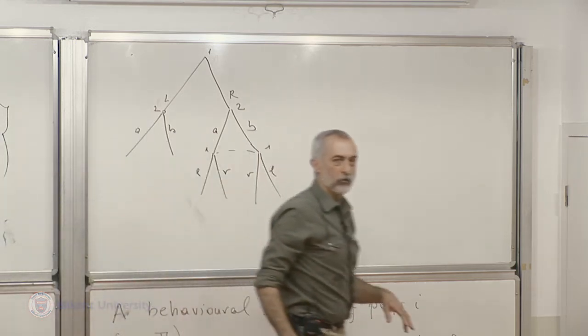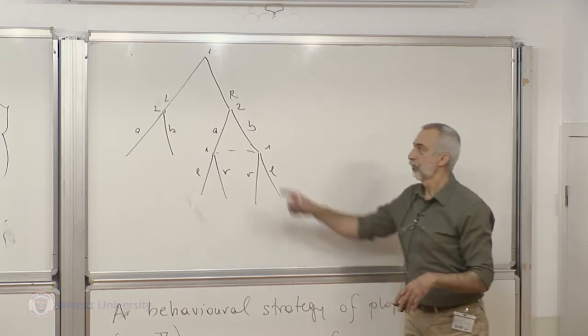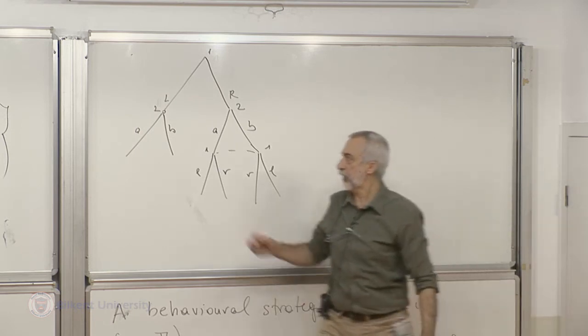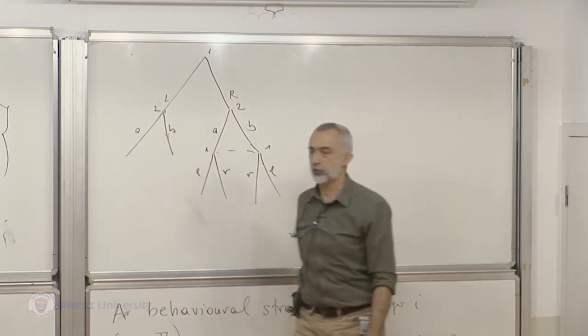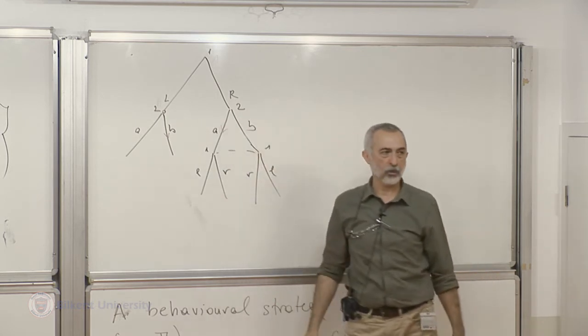Let's take pure strategies in any sense for player 2. So if he comes to this information set, he's going to play B. If he comes to this information set, he's going to play A.